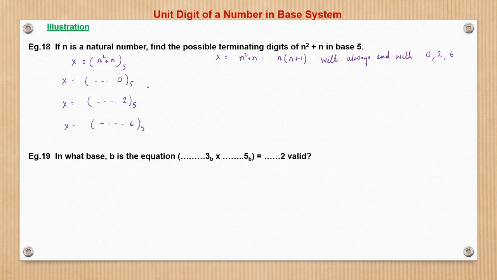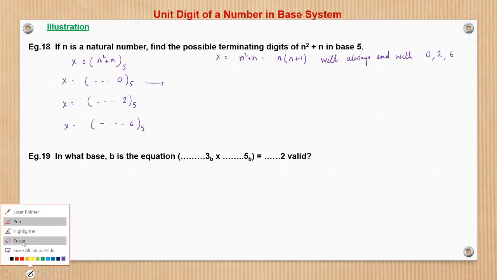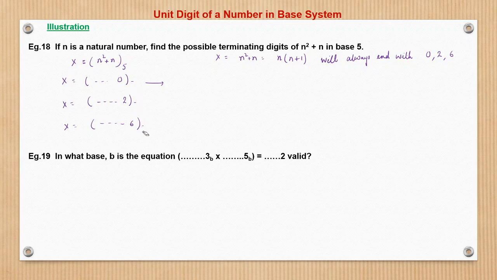Now, we will not say base 5 right now. This is just the number n square plus n in base 10, and we know in base 10 that will always end with 0, 2 or 6. So now we have to say what would be the terminating digit in base 5. So how do we find the unit digit in base 5?